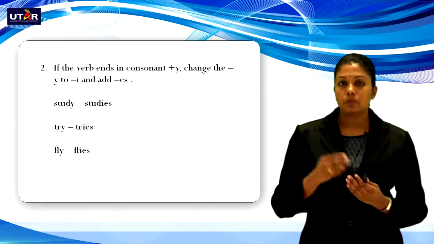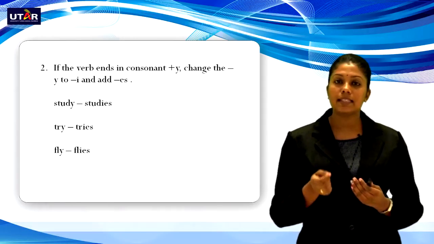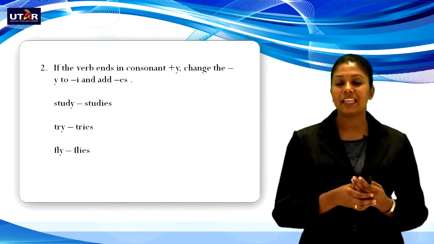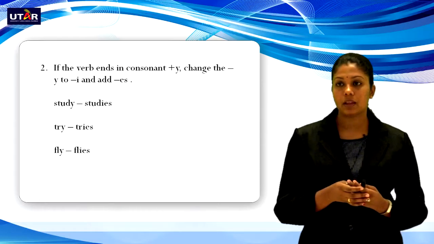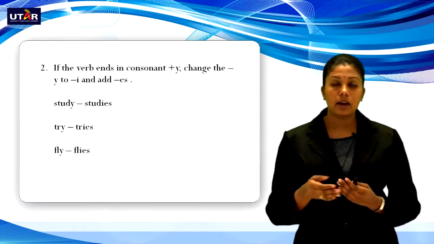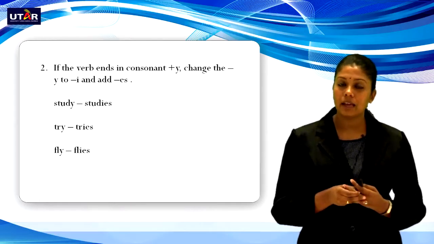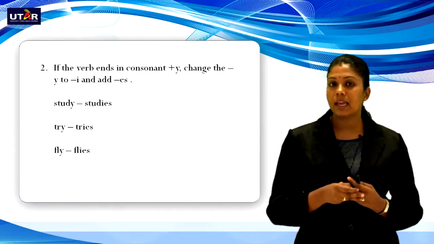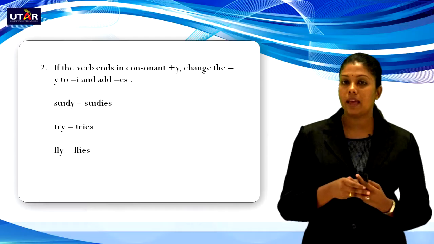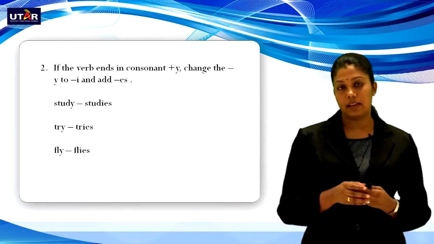What we should do to change this to singular is, you add STUDIES, studies. And then we have try, change it to singular, TRIES, tries. Fly, remove the Y, add I and add ES, it becomes FLIES, flies.